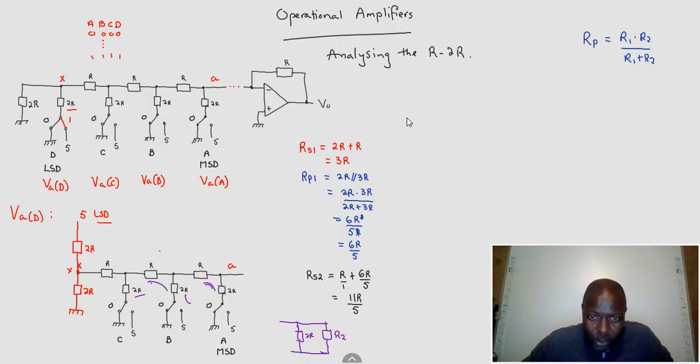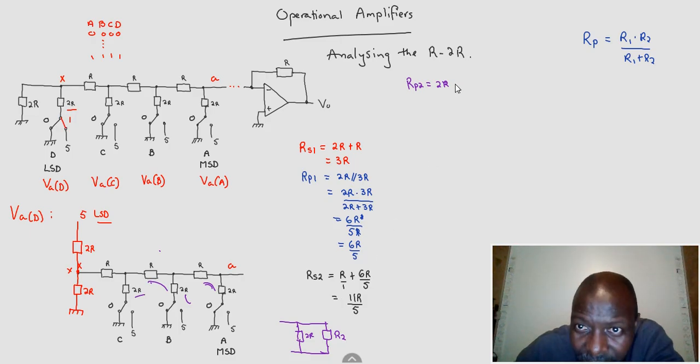So what do we call that parallel? We call it R parallel 2 because R parallel 1 is taken. So R parallel 2 will be equal to 2R parallel to R series 2, where R series 2 is 11R over 5. Remember, for parallel we multiply, then divide by the sum.